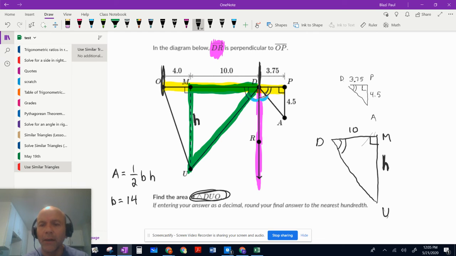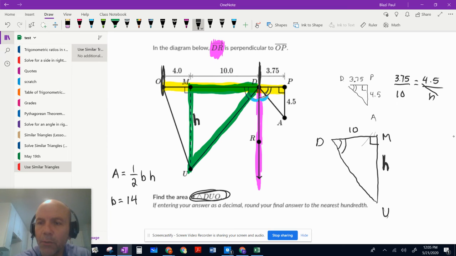So I can make a ratio, right? I can compare my corresponding sides. 3.75 is to 10 as 4.5 is to h. And I need to solve for h for my height. Okay?